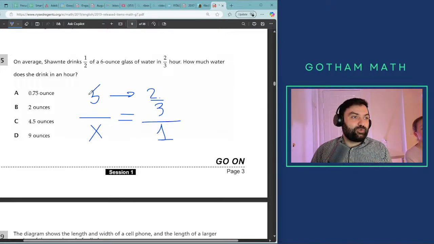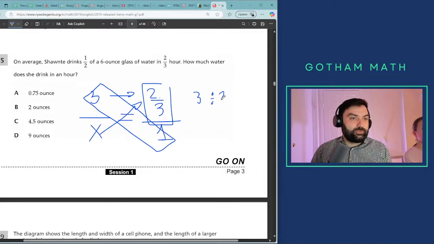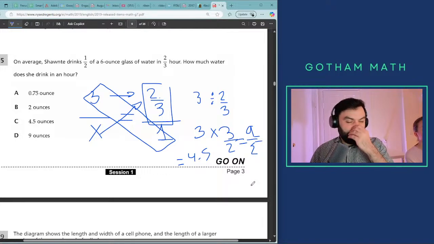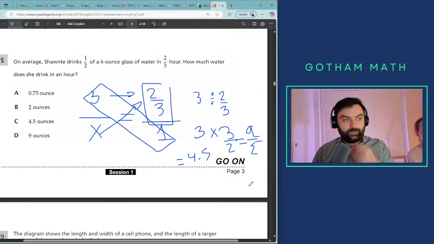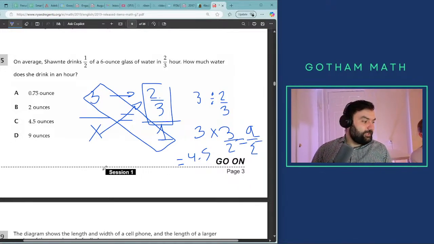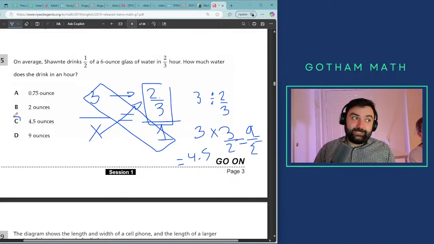We multiply the numbers across, which is 3 times 1, which is just 3, and divide by the number across from the x, which is dividing by 2/3. We use keep change flip: 3 times 3 over 2, which is 9 over 2, which is 4.5. Use the calculator in the end if you don't know. So the answer will be C.